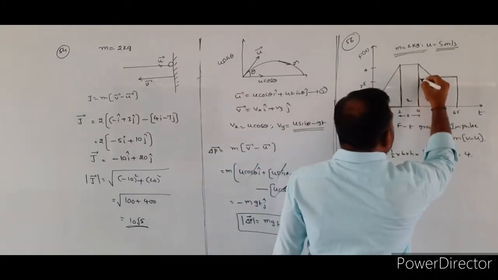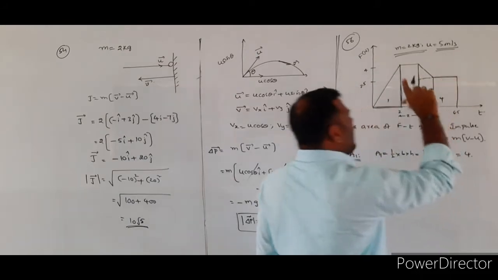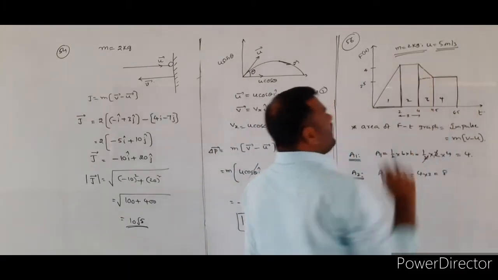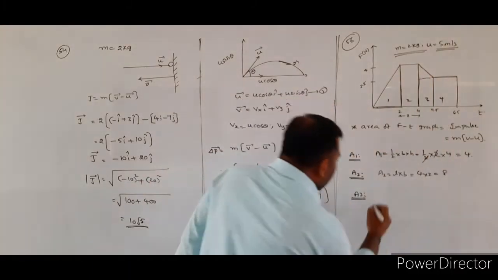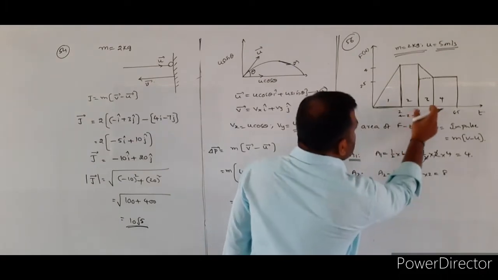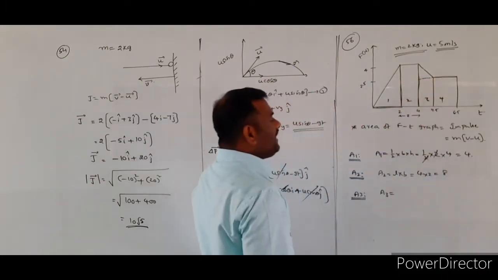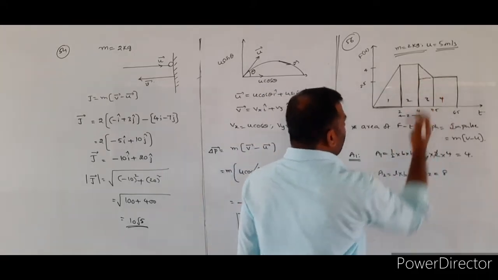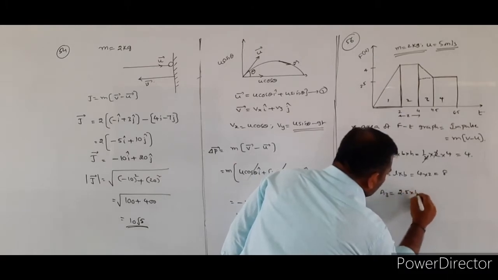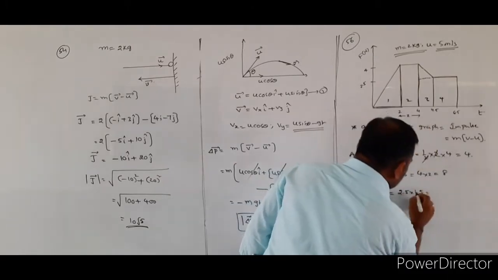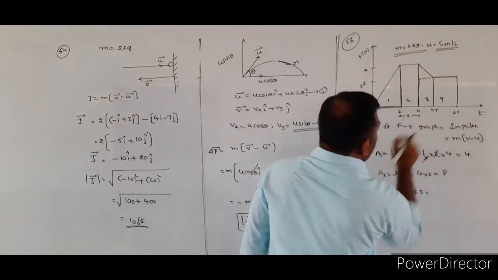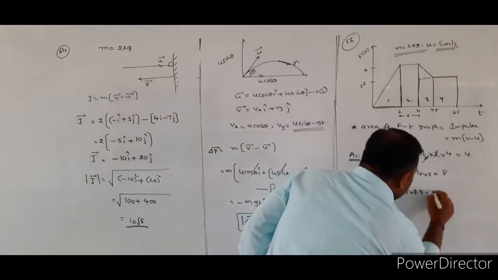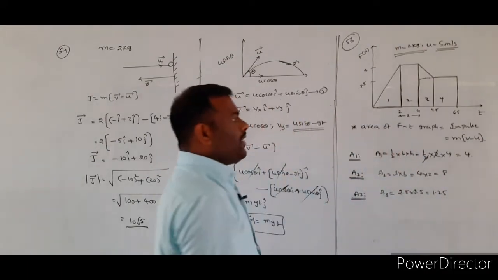Next, the area of the third part. This third portion is divided into 2 portions: one is a rectangle and the other is a triangle. First, the area of the rectangle is length into breadth. Length is 2.5 and breadth is 0.5. If you simplify, you will get 1.25.